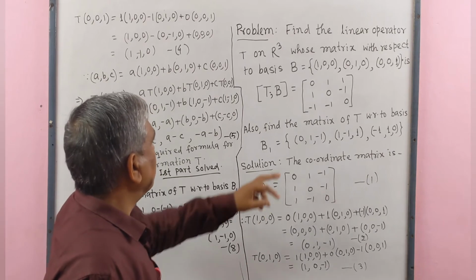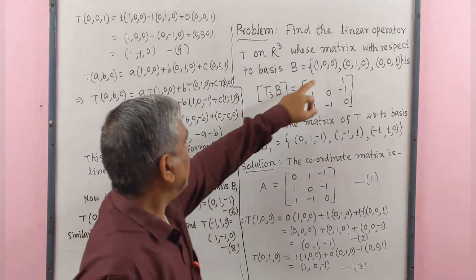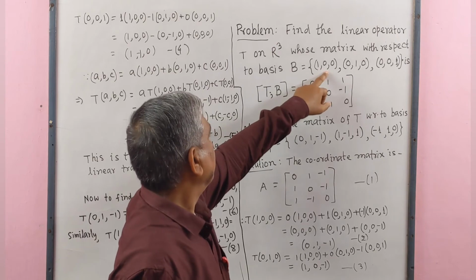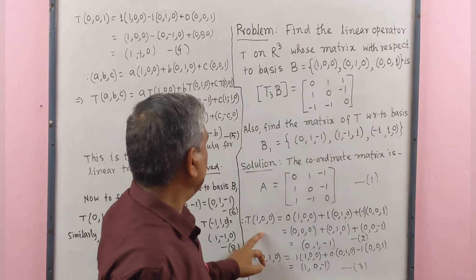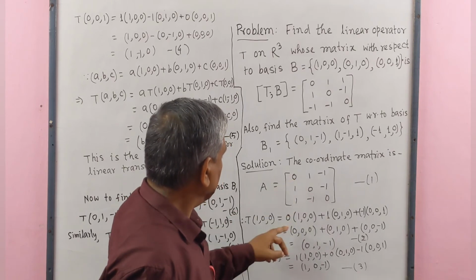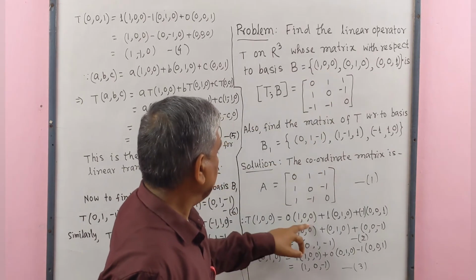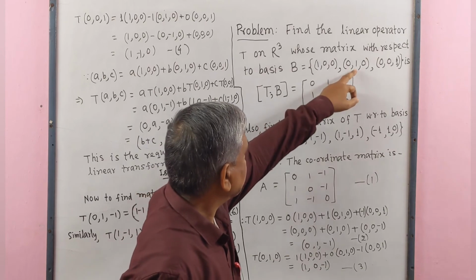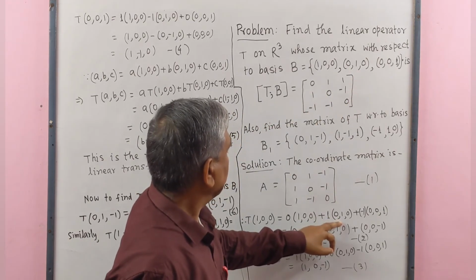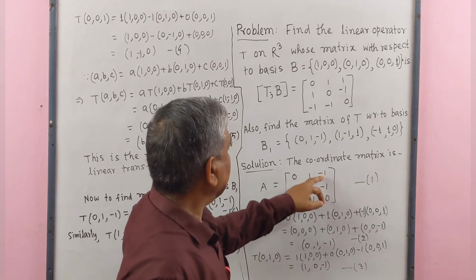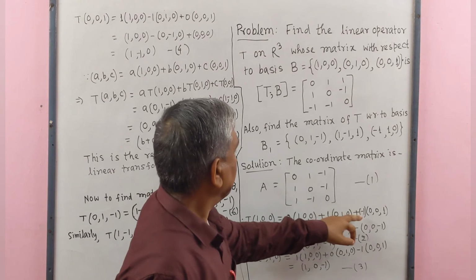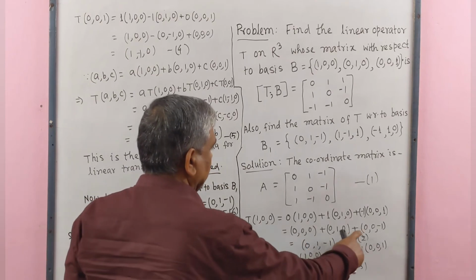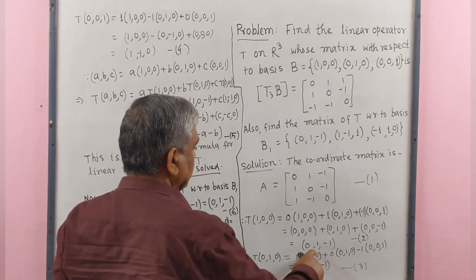Now we find the linear transformation of each of the vectors of B. T(1, 0, 0) will be the first coordinate 0 times the first element of B, plus the second coordinate 1 times the second element, which is (0, 1, 0), plus the third coordinate minus 1 times the third element of B, and after calculation we get the ordered triplet (0, 1, minus 1).